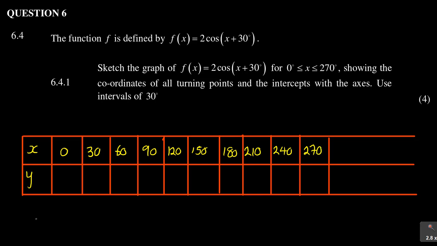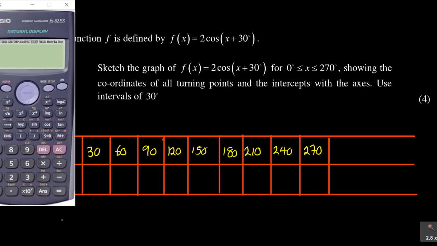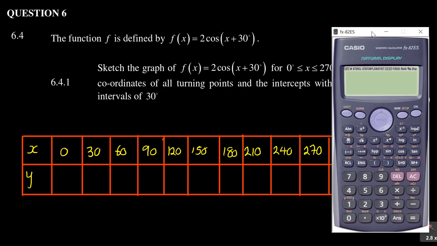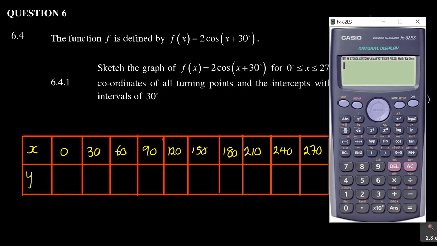So now I need to find the y values, and I have to use my calculator. You go to mode and select 3, which is table, which allows you to enter this particular f of x. f of x is 2 cos, then a bracket, alpha, that's how you enter your x, plus 30.